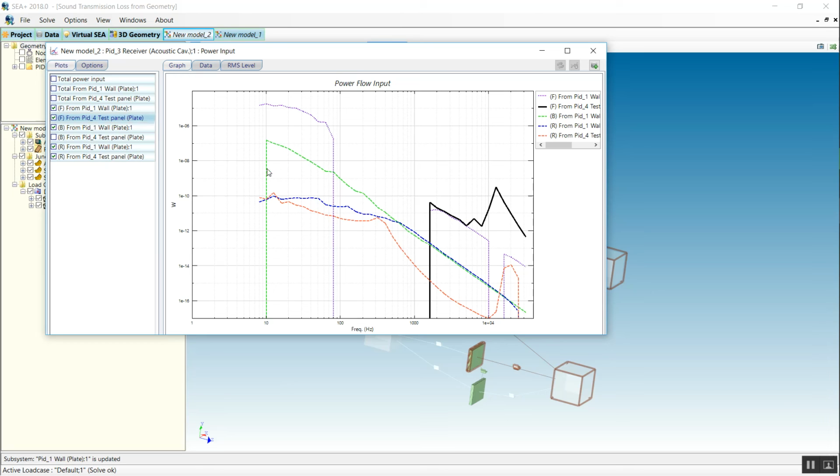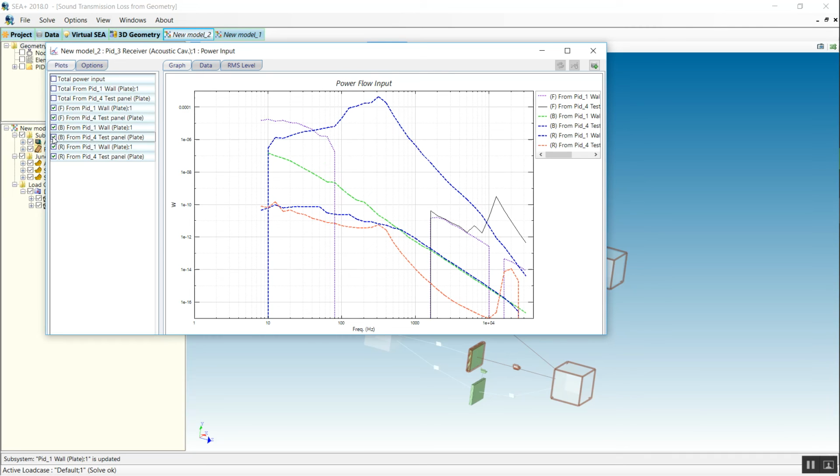Here it's a power, here, the power radiated by the resonant mode of the test panel, and this is energy radiated by the non-resonant energy of the wall, and here the non-resonant energy of the test panel, which fills the gap here, which is the most dominating source over mid frequency, as you can see.